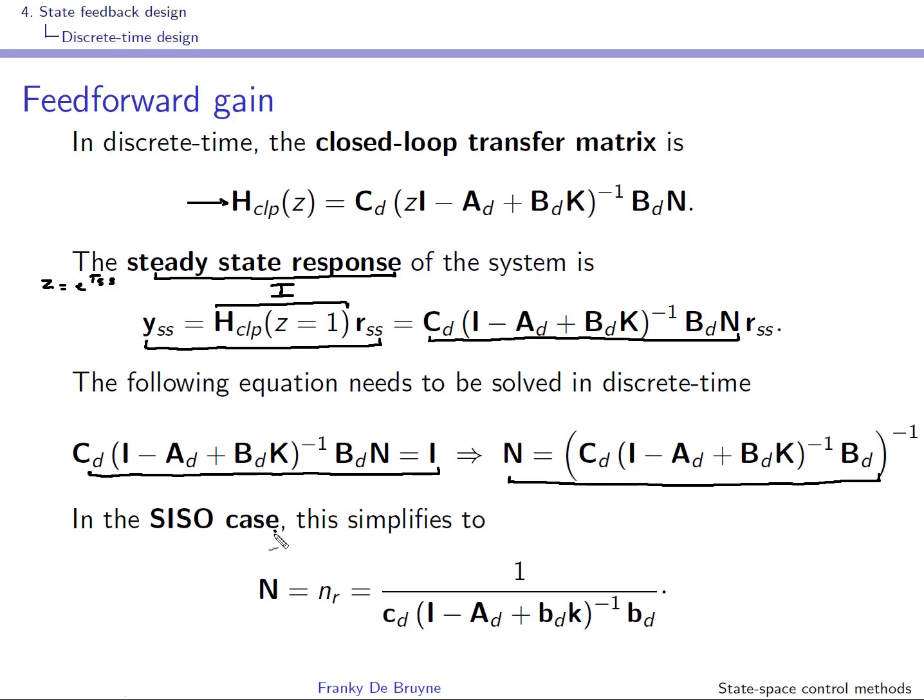In the single input, single output case, we have one input, so B has this form, one input and one output, right? So this here is a scalar. So the feed-forward gain now becomes a scalar. We cannot call it N because N is the number of states, right? So we'll call it Nr to make the link with the reference or set point signal.